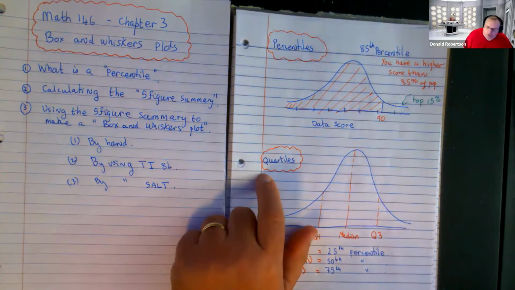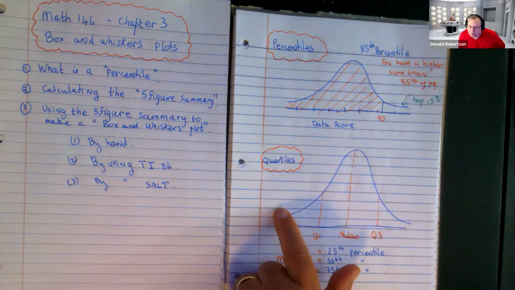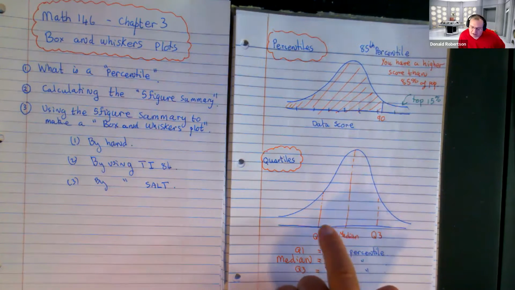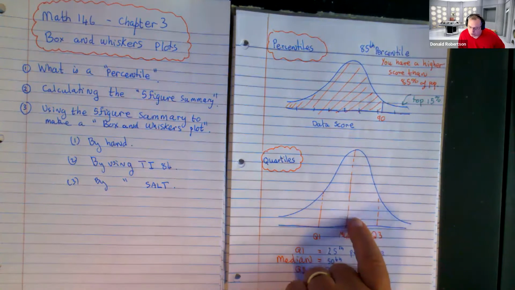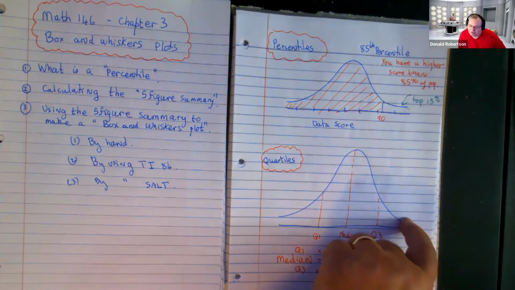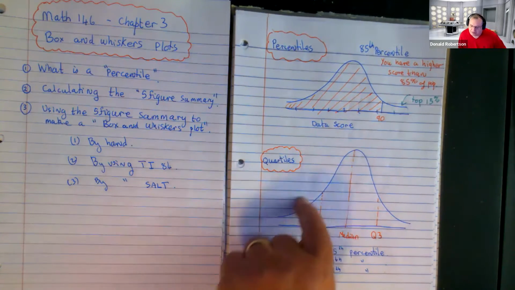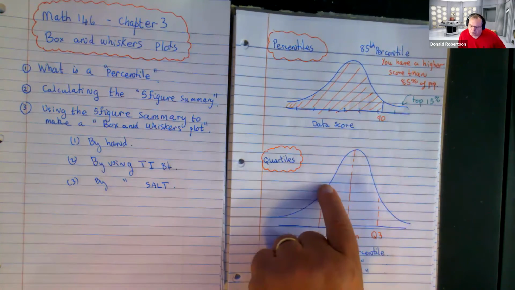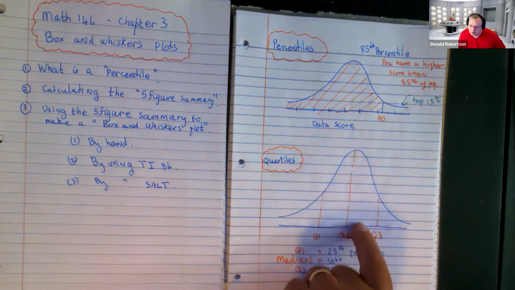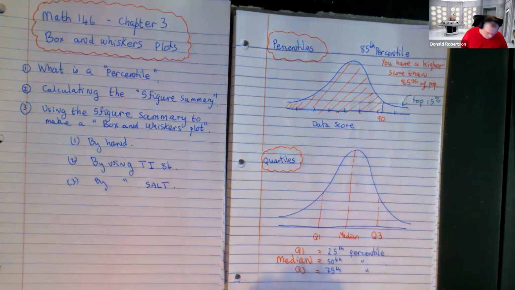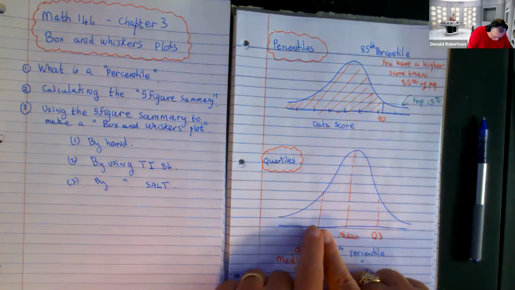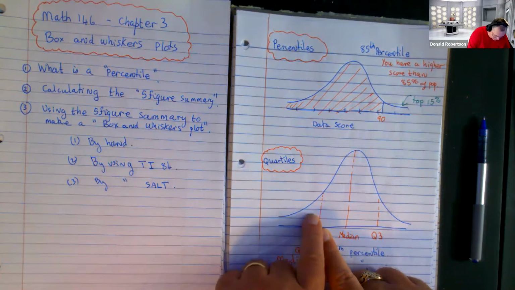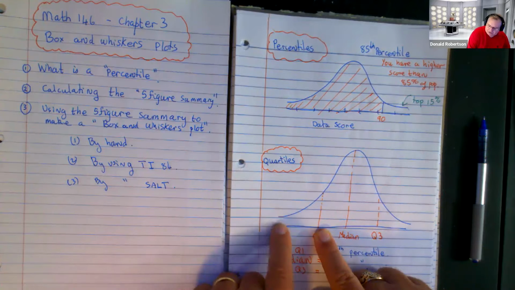Now, we have things called quartiles. You remember the median and the guys called Q1 and Q3 that we talked about a little bit? These are called quartiles. If you imagine this is all the data that you've collected, you break the data into 4 equal parts. That's why they're called quartiles. For instance, Q1 is the score that you would need for that to be 25% of all the data.